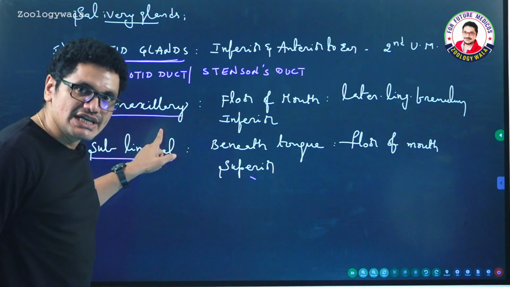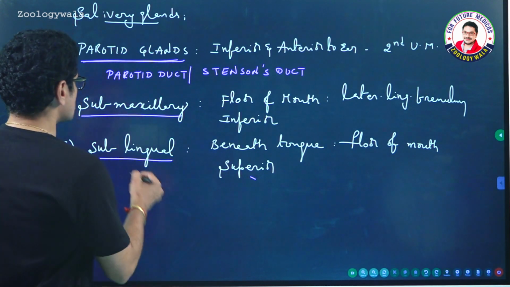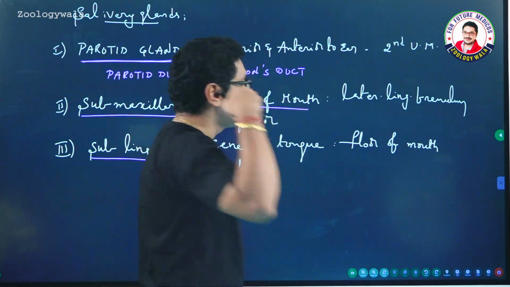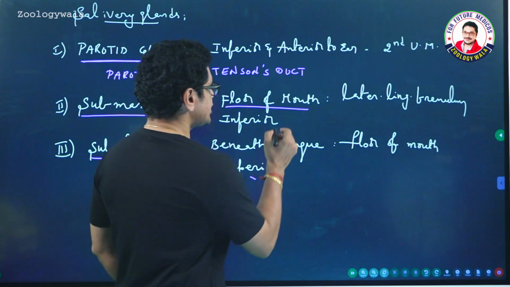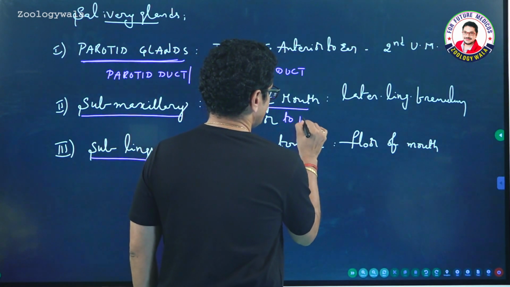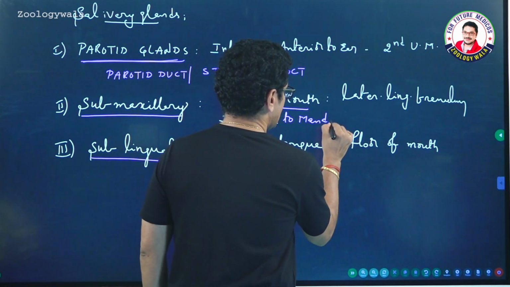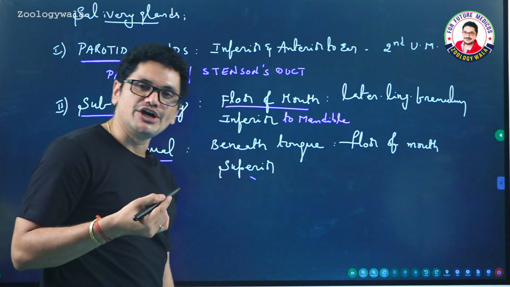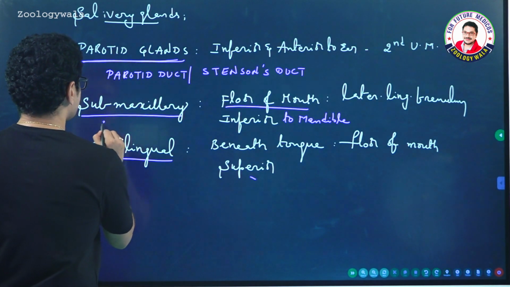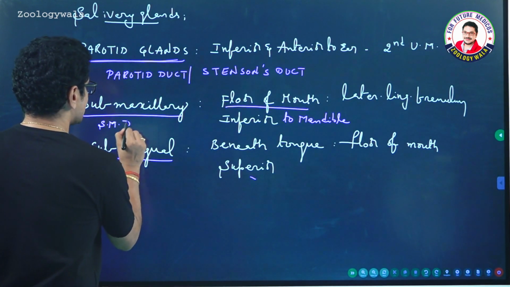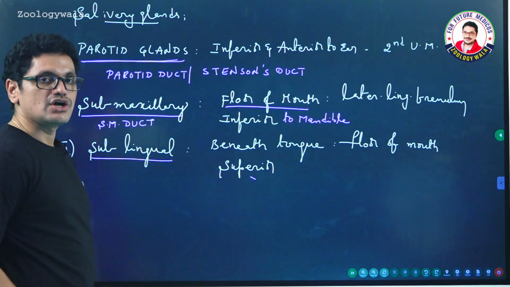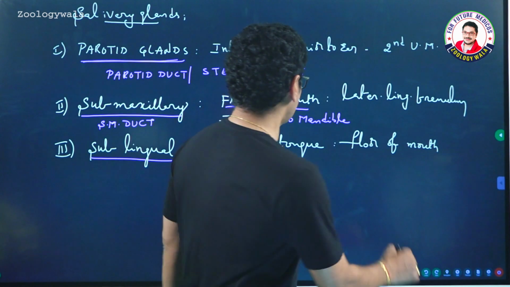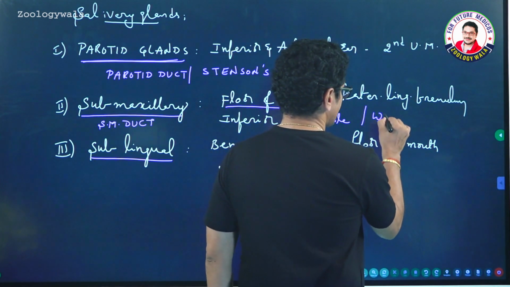The second one is the submaxillary gland, which is also called the submandibular gland. Where is it present? It is present in the floor of the mouth, inferior to the mandible. That is its location. The name of its duct is obviously the submaxillary duct or submandibular duct, which is also called Wharton's duct.